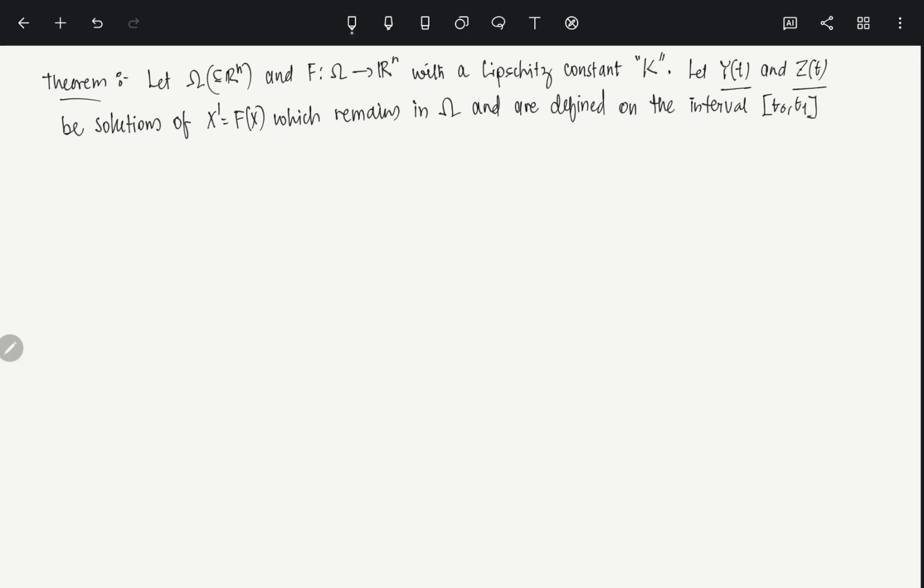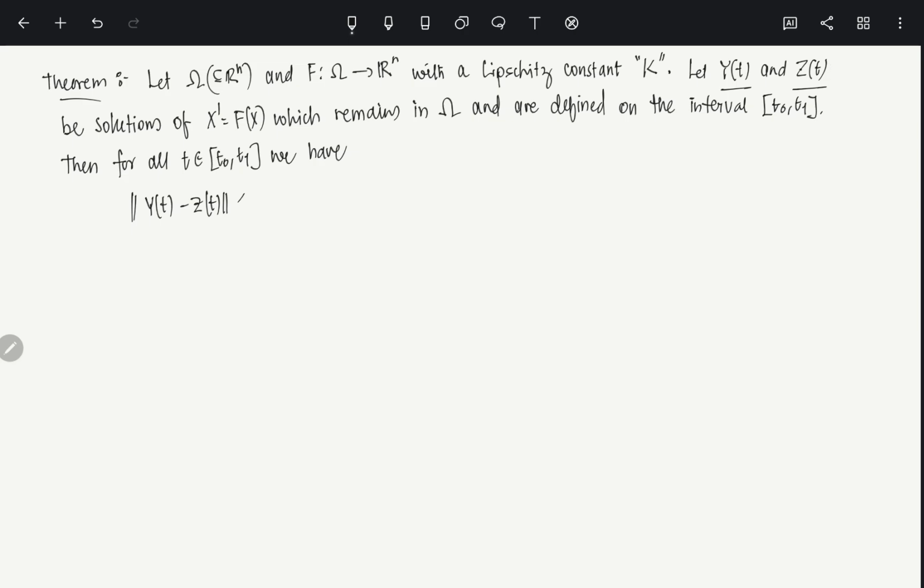Clear? Okay, then for all t in t0 to t1, we have, now this is what we mean by continuous dependence. You see, y of t and z of t for a given t are in Rn.